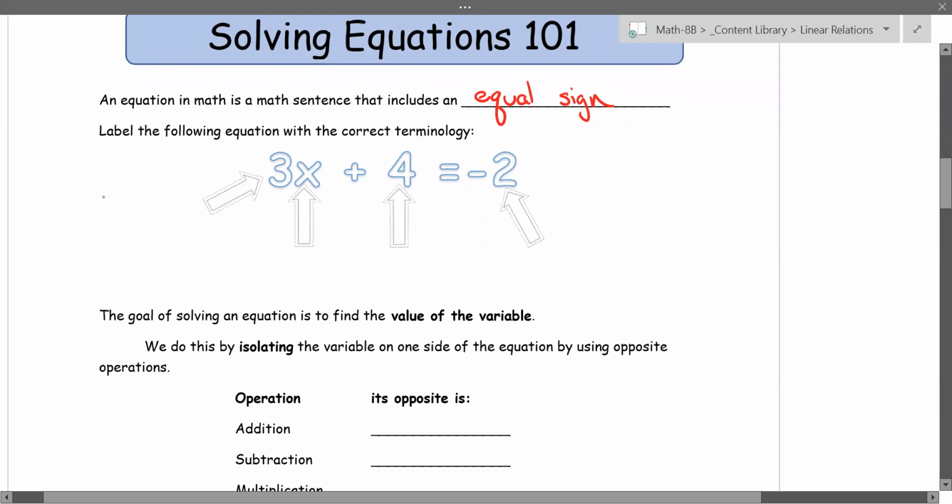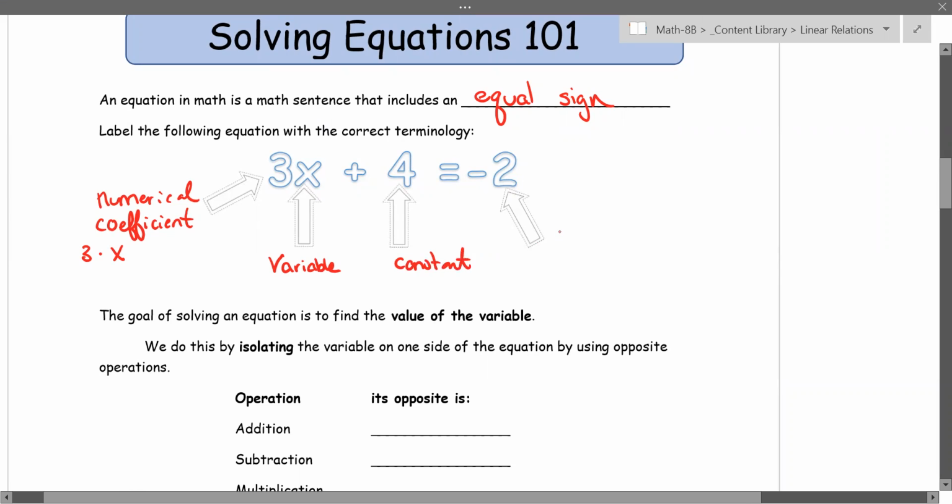So if I have 3x, that 3 we call our numerical coefficient. And that really means 3 multiplied by x. There's that sneaky multiplication. The x is our variable. The 4 is our constant.